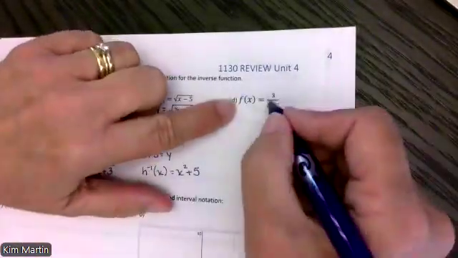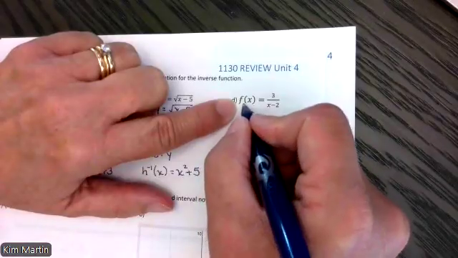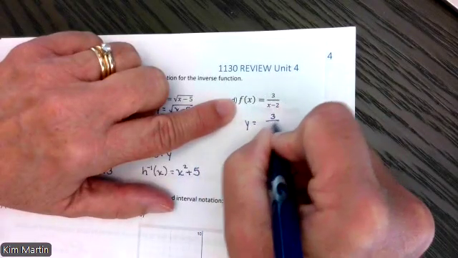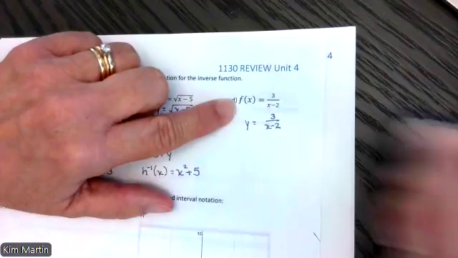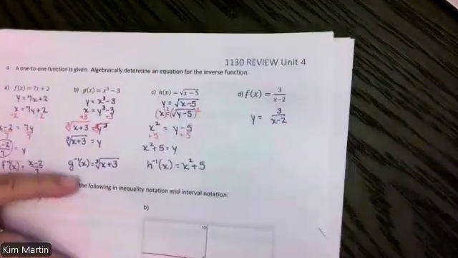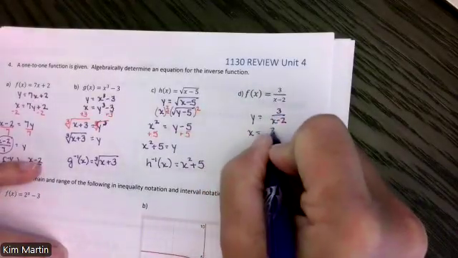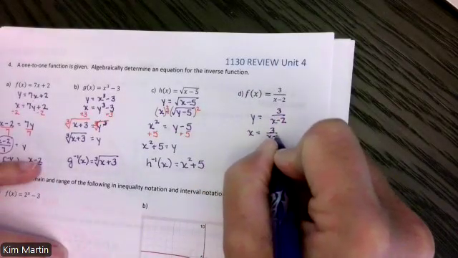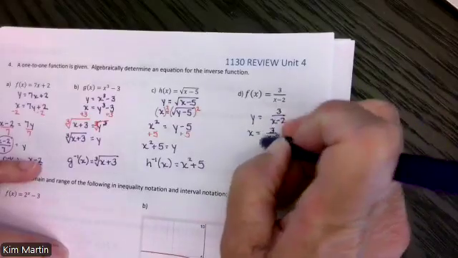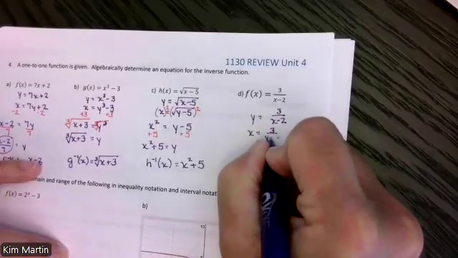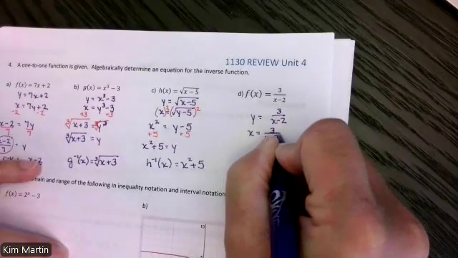Okay, we're going to replace f of x with y. We are going to switch our x's and our y's. Now we have to solve, whoops, I forgot to change it to a y. y minus 2 on the bottom.